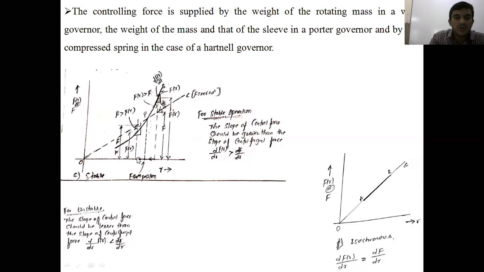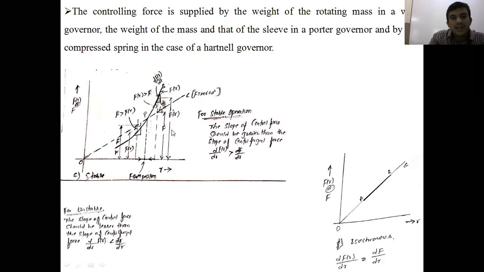Based on these equilibrium positions, first you draw the centrifugal force line, which is a straight line. Then you draw the controlling force curve, AB. Then take r equal to r1 and draw a vertical line that intersects both the centrifugal force and controlling force. You can see that on the AB curve, the controlling force is greater than the centrifugal force at r equal to r1.